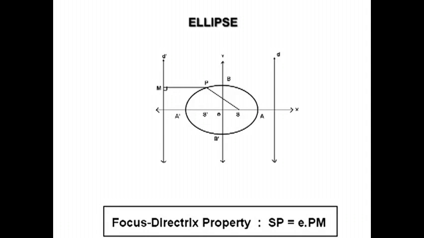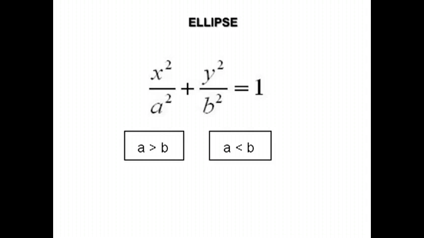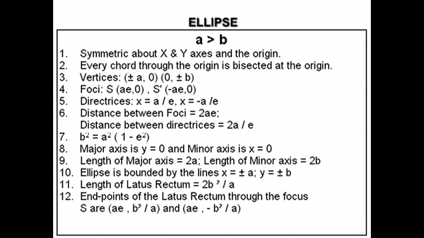Now we discuss the ellipse x²/a² + y²/b² = 1. There are two cases, a greater than b, and second case is a less than b. First we consider a greater than b. For this ellipse, there are two axes of symmetry, x-axis and y-axis.